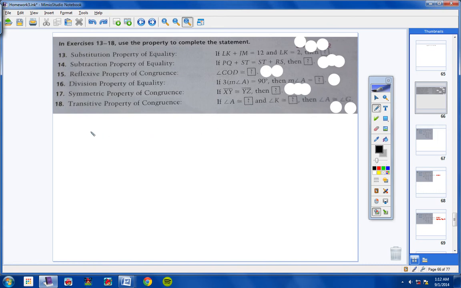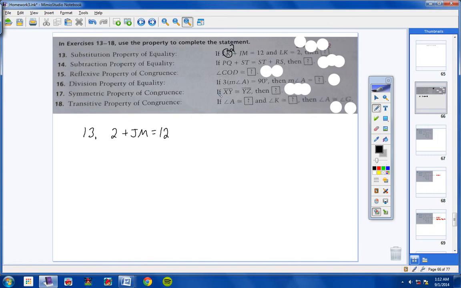So you would finish it by saying 2 plus JM equals 12, and that's all you need to do. They just wanted you to apply the substitution property of equality to this problem.